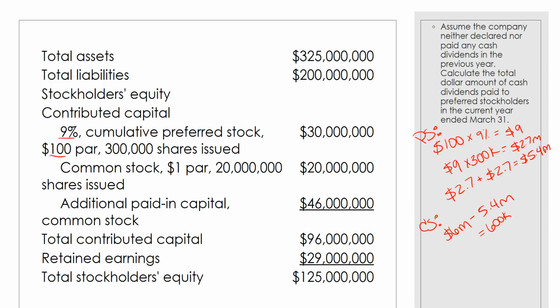So 600,000 divided by 20 million is equal to 3 cents per share. So you can see how that really cuts into the common shareholders' dividends.